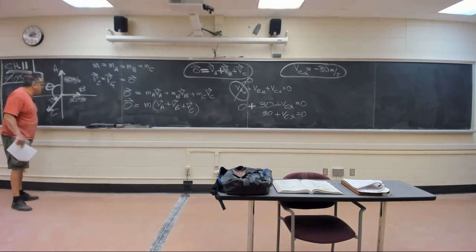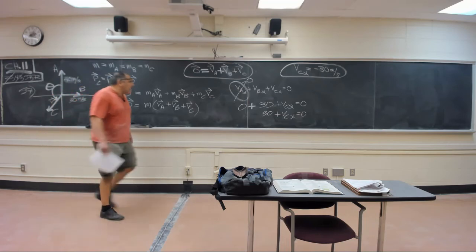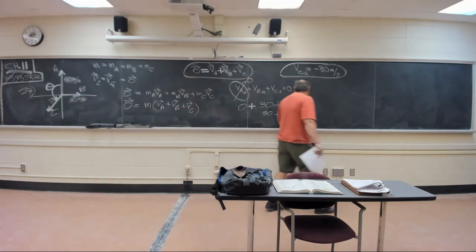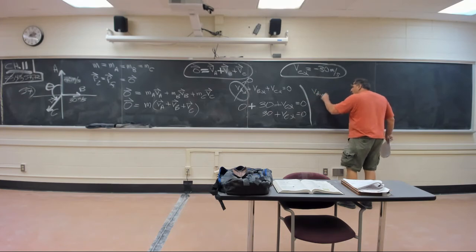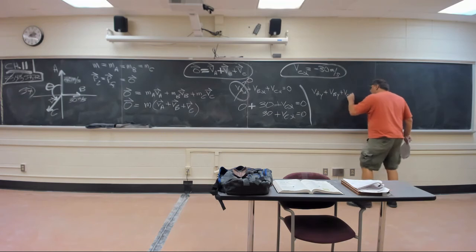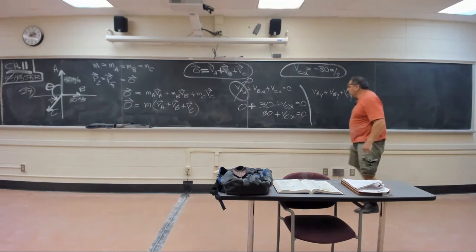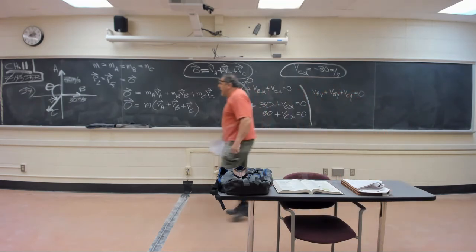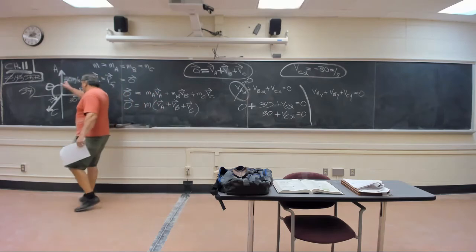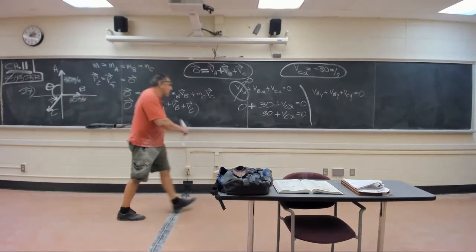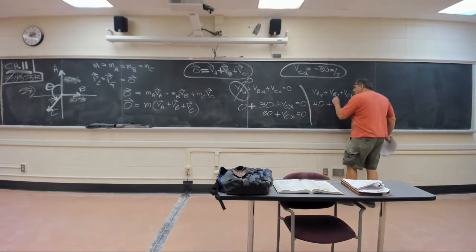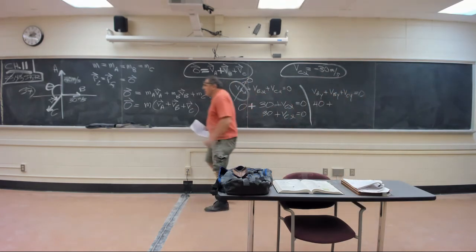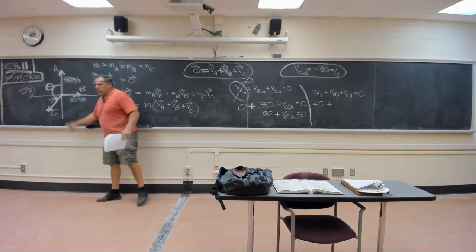Now, let's talk about the other components. VAY plus VBY plus VCY has to equal 0. VAY does have a vertical component. It's 40. VBY does not have a vertical component.